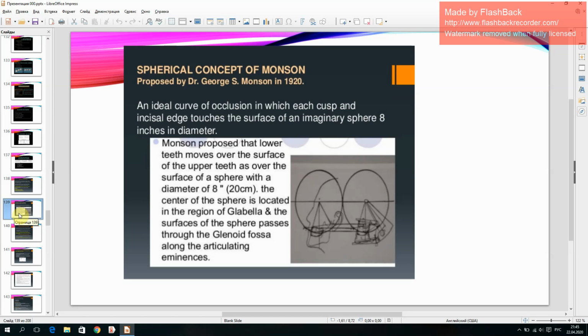It is an ideal curve of occlusion in which each cusp and incisal edge touches the surface of an imaginary sphere 8 inches in diameter.